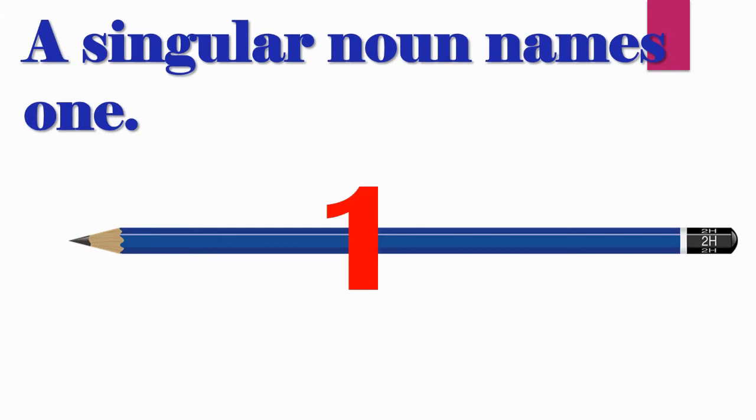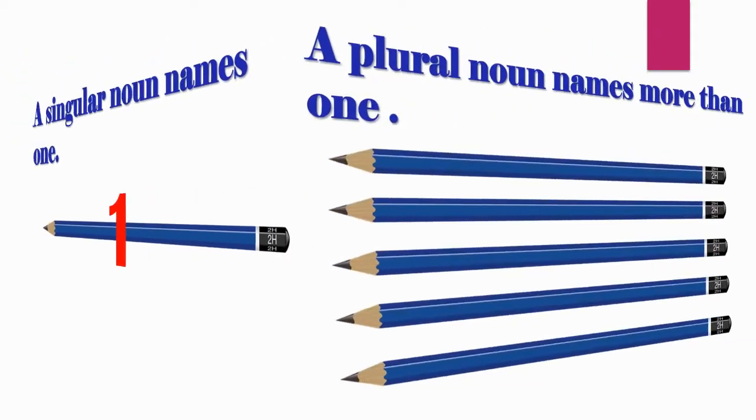Now recall what we had learned at the start of this lesson. We have learned that a singular noun names only one. See the number of pencils. It is only one. That means it is a singular noun.